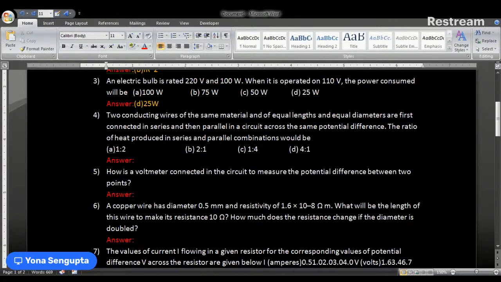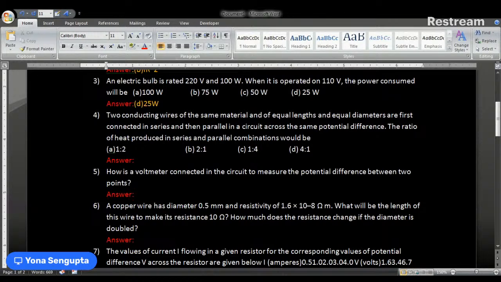The equivalent resistance of resistors connected in series is R plus R, which equals 2R, and the equivalent resistance of resistors connected in parallel is 1 by 1/R plus 1/R, so it is R by 2.